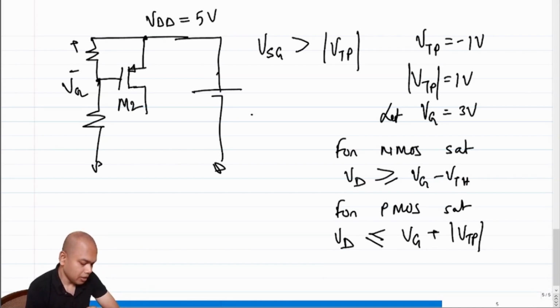Okay. Why less than or equal to? It's because the condition for n-Mos was about how low we can get the drain voltage, how close to the gate voltage.